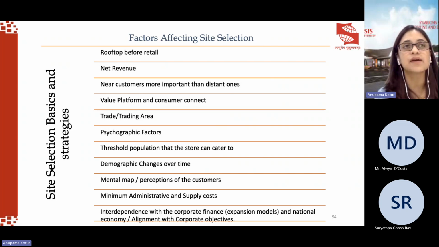Now, for example, if I were to revisit the example of IKEA, which is a Swedish brand which expanded within Europe first and all over the world later. Now, if you look at their expansion model and generally the site selection model, they've always been located outside of the city limits, in the suburbs, in the outskirts, etc. But when they entered the Indian market, they adopted the same model and they thought that it would work very well.